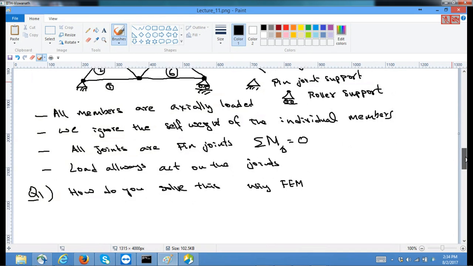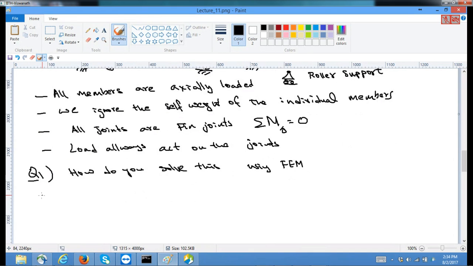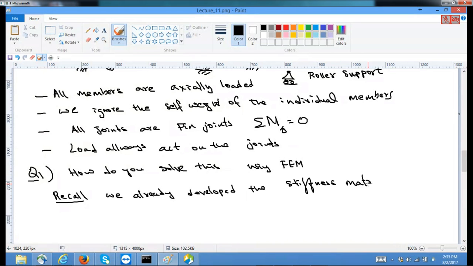Let's say to solve this, we recall that we already developed the stiffness matrix of an axially loaded bar. So we have this information. And this is the first thing.